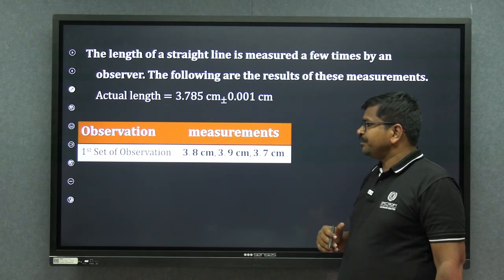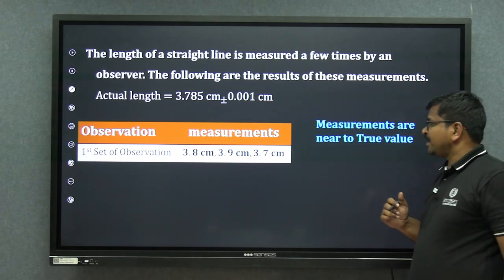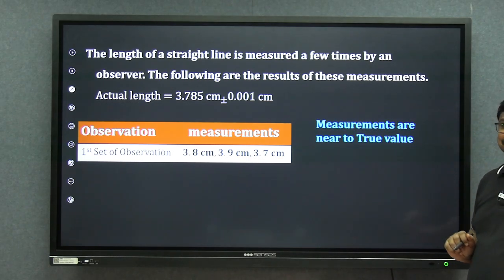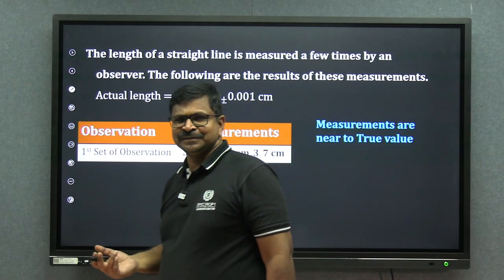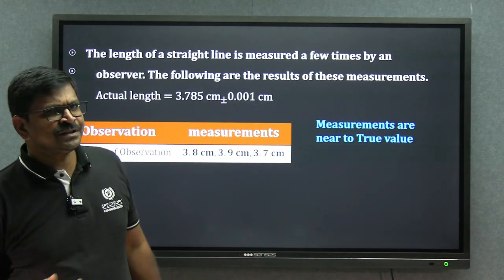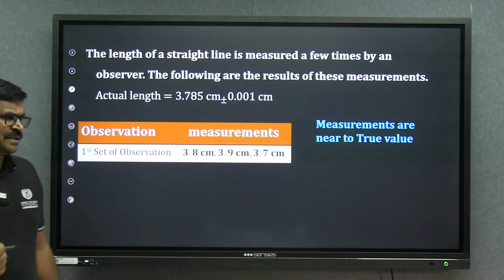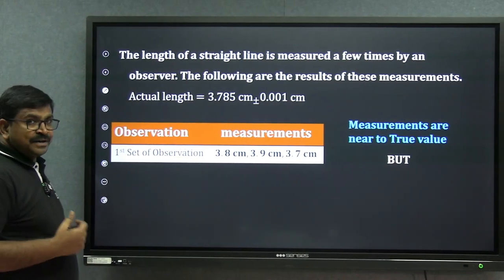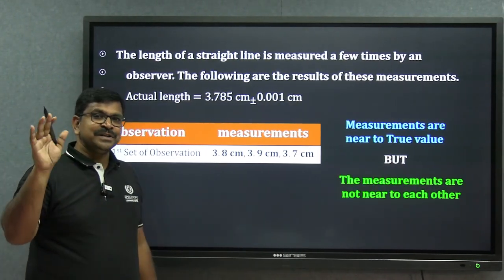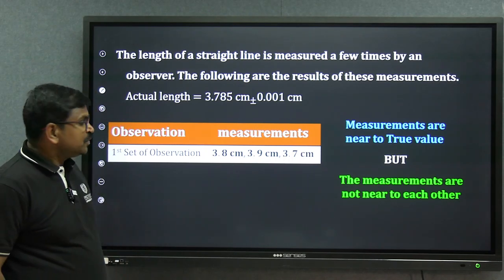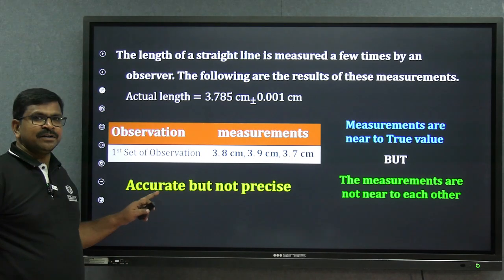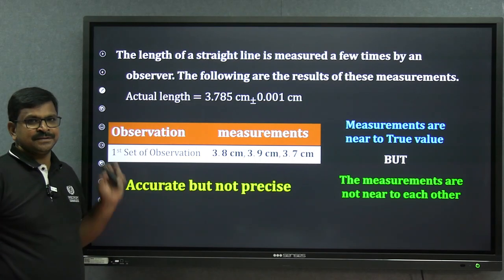Here if you observe, the measurements are near to the true value, because the least count is 0.1 only, so 0.1 difference only. 3.8 is 0.1 difference, 3.9 is 0.2 difference. But they are not near to each other. The measurements are not near to each other. So I can say here it is accurate but not precise.